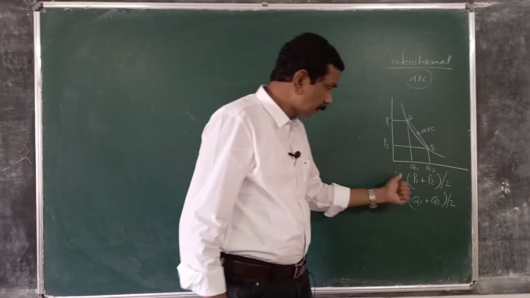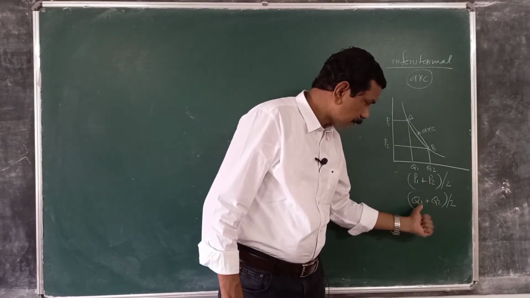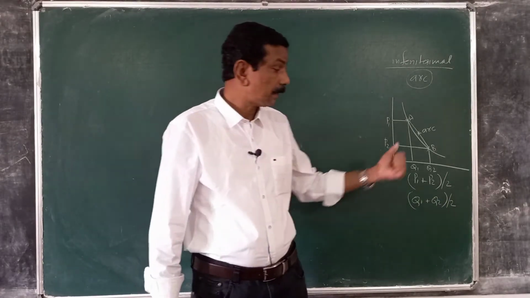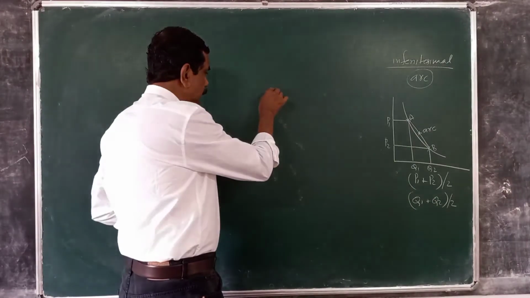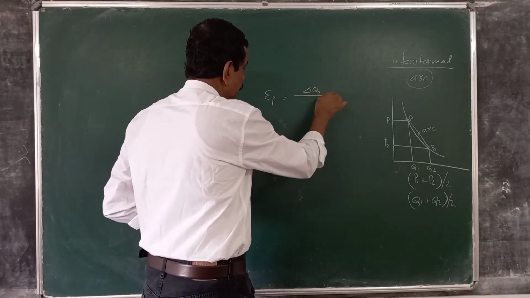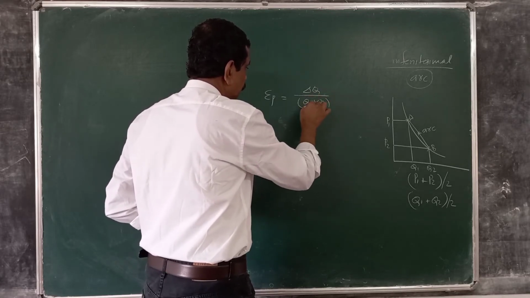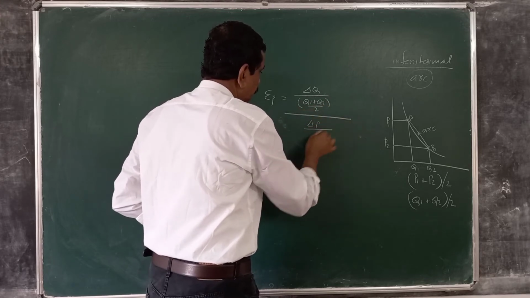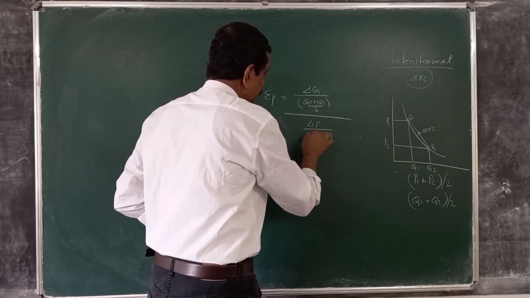Instead of taking P1 or P2 or Q1 or Q2, we take the average of the 2 prices and the average of the 2 quantities, and the elasticity formula here is delta Q by (Q1 plus Q2) by 2, whole divided by delta P by (P1 plus P2) by 2.